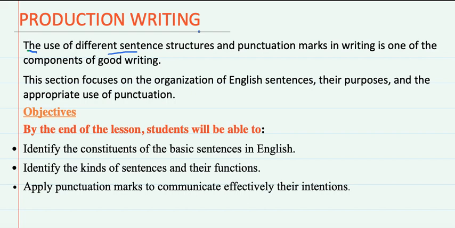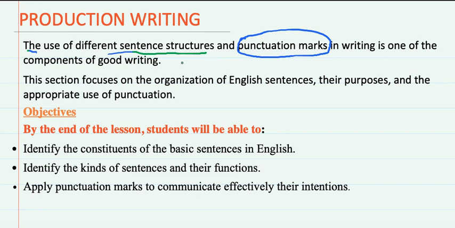So the use of different sentence structures and punctuation marks in writing is one of the components of good writing. So in writing, we need to make use of punctuation marks. Again, we need to also make use of sentence structures. You need to know where to use simple sentence, compound sentence, and we need to also know how to use them effectively.